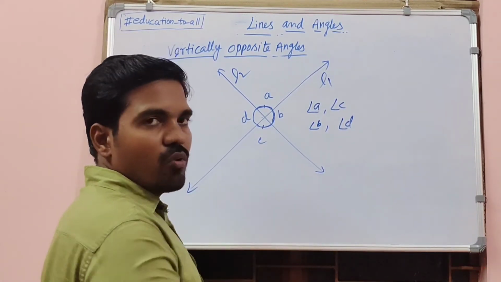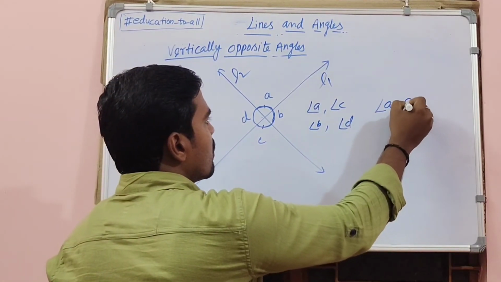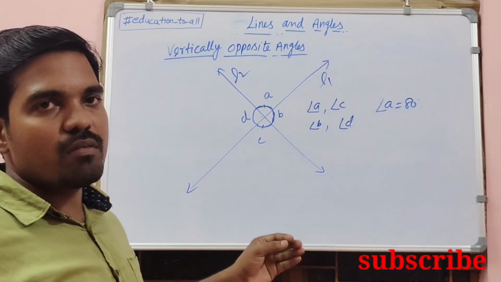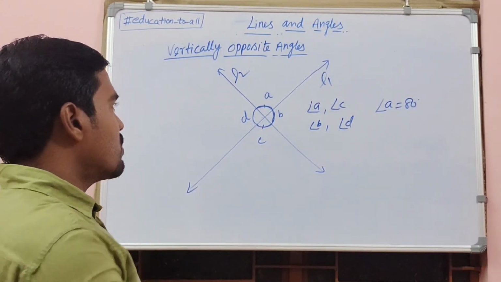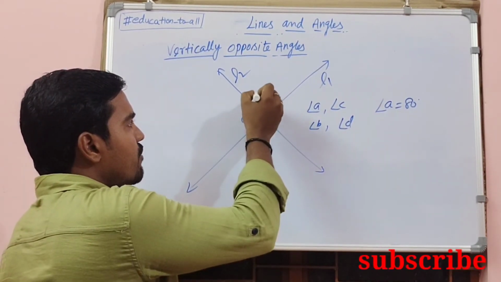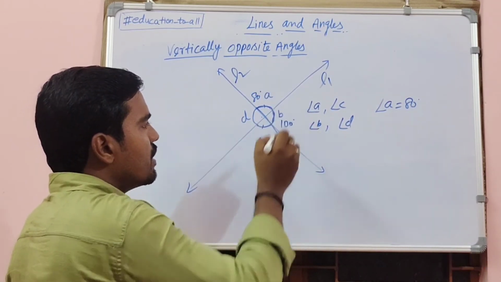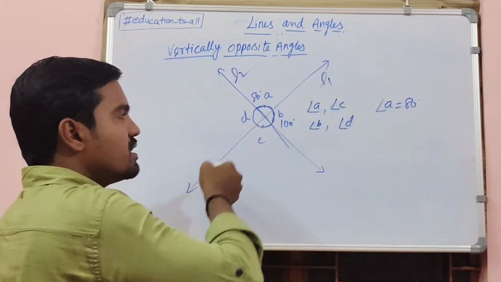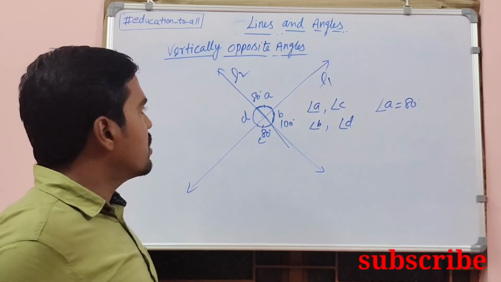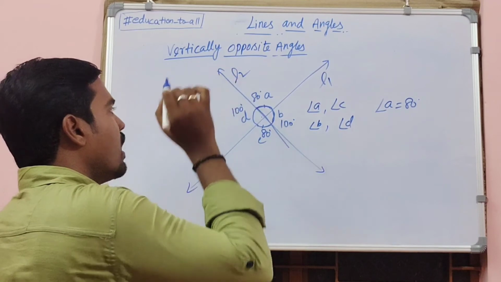Let us assume angle A equals any angle. I am taking angle A equal to 80 degrees. As per the linear pair concept we discussed before, if angle A equals 80 degrees, then angle B will be 100 degrees because this is a straight line. Since L1 is a straight line, if it is 100 degrees, then this will again be 80 degrees. Since L2 is a straight line, if it is 80 degrees, then angle D will be 100 degrees.